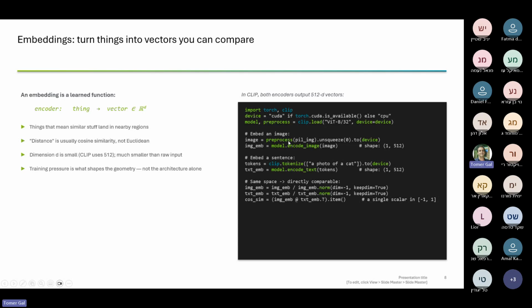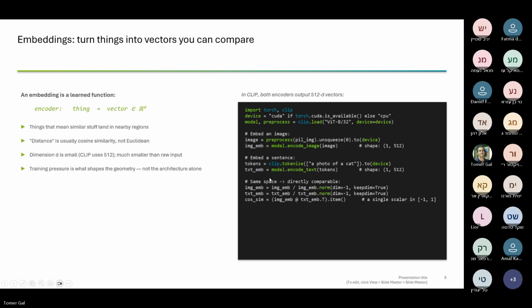You take an image, pass it through the preprocessor, upload to the device, you have the image. And once the image is on the device, which is the GPU, you are doing the encoding of the image, then you're getting the image embedding. And then you want to embed a sentence, so you take as an example, let's say we want to tokenize a photo of a cat. We are encoding that text. And then we want to do the comparison.